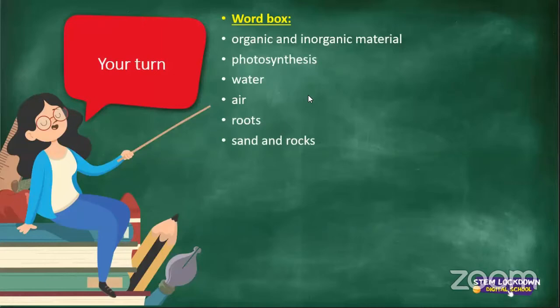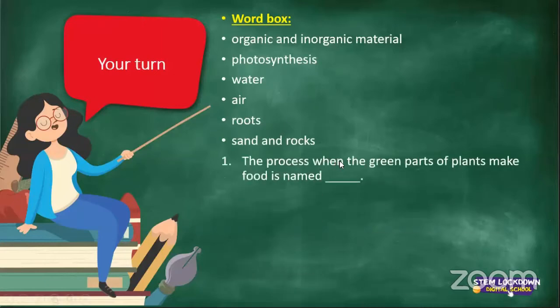So we've got number one here. It says the process when the green parts of plants make food is named. So we need to fill in this missing word. You've got your word box at the top. So what is it named?